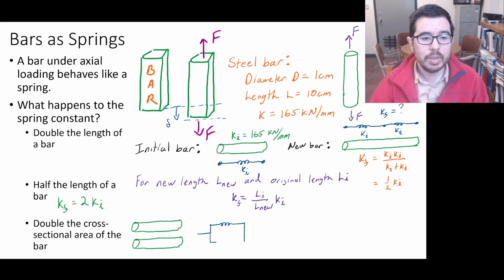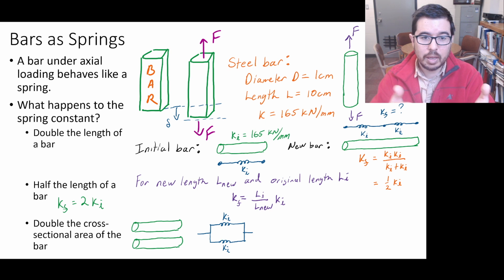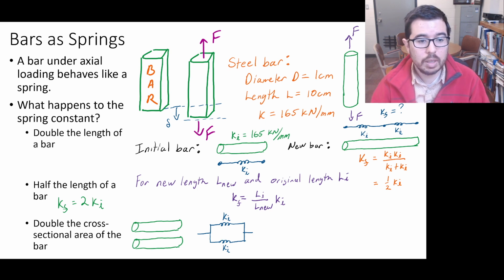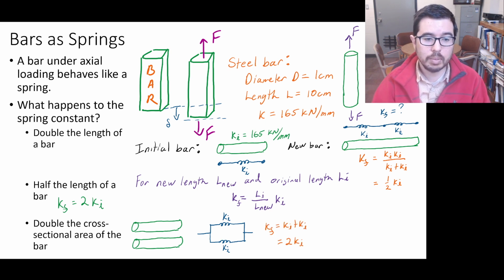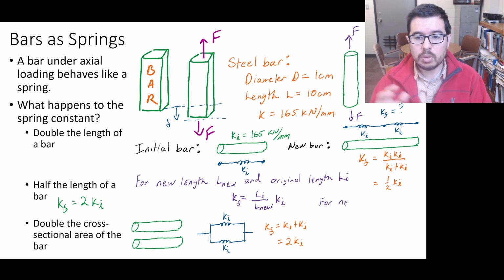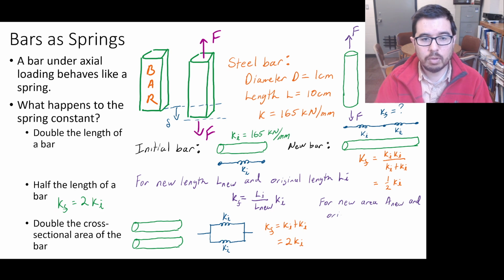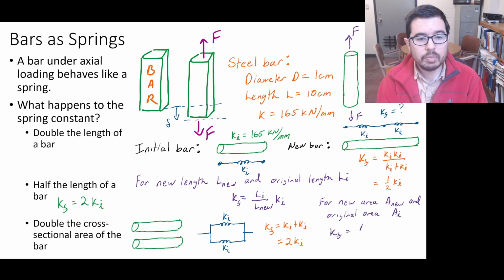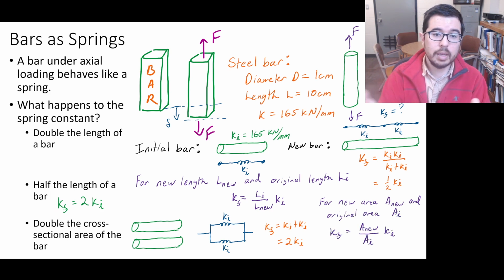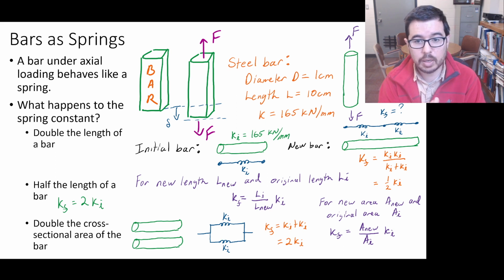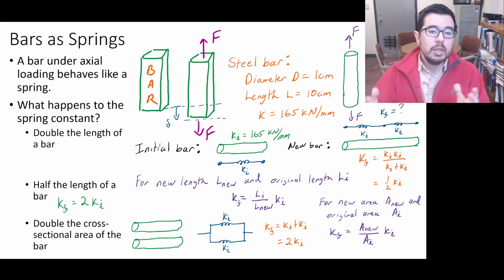So if we do that, what we find is that we have these springs in parallel, and we're going to end up doubling the spring constant. So the general scaling rule there is that for a new area and an original area, we can come up with what the new spring constant might be.